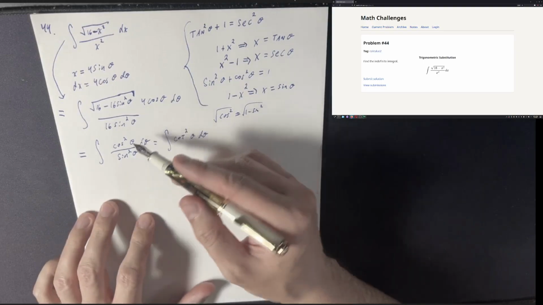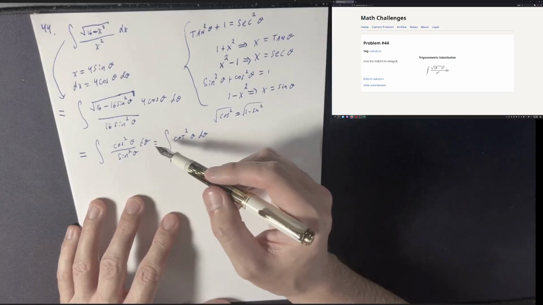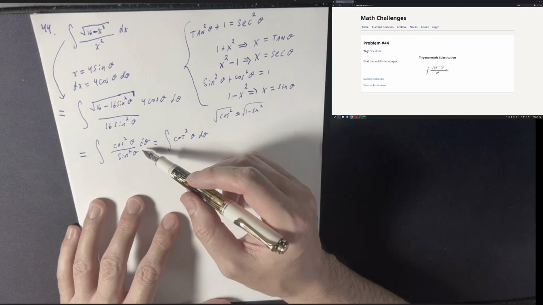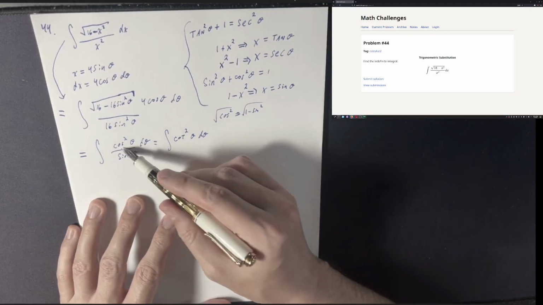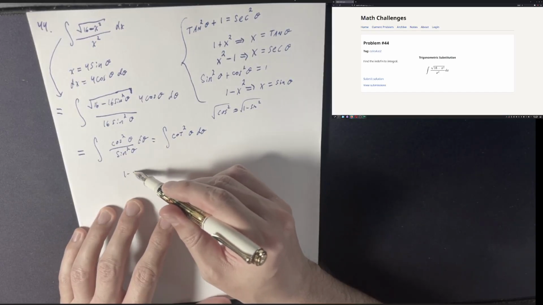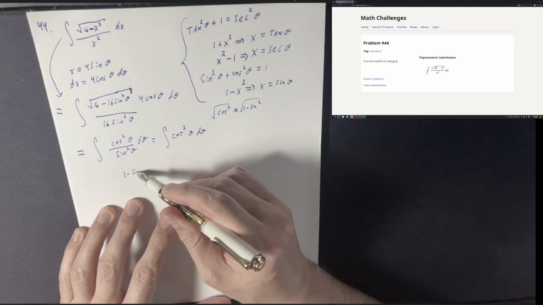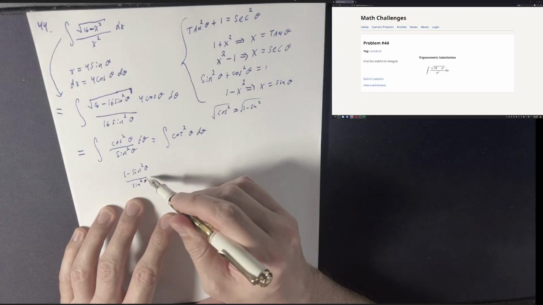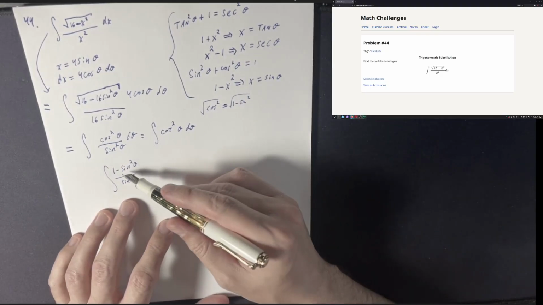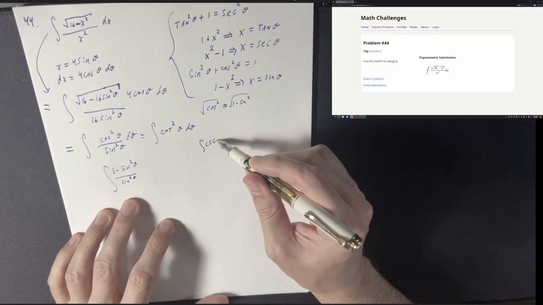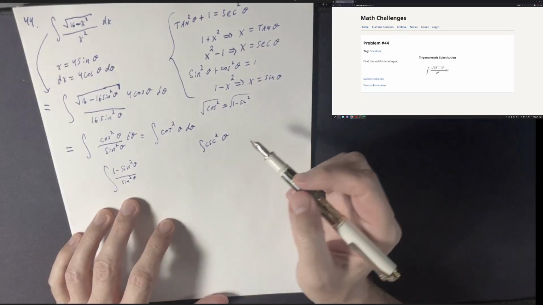We could do, you know what we could do is, this is 1 minus sine squared, right? So if I knew how to integrate cosecant squared, then we'd be pretty much done with this problem.